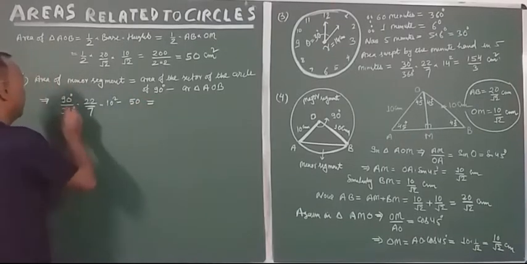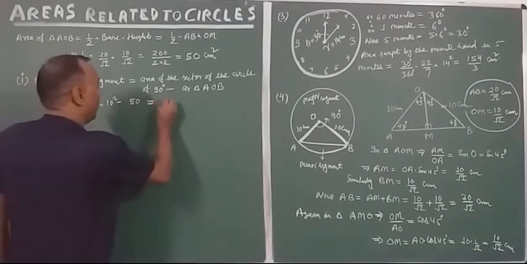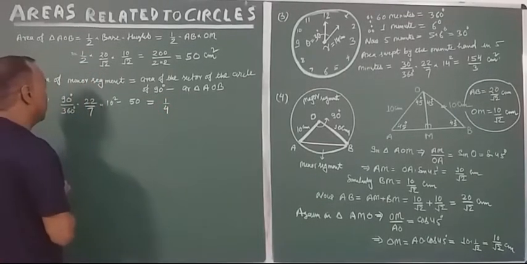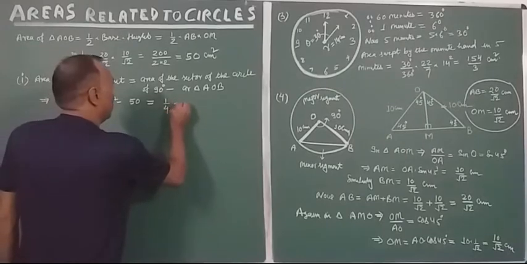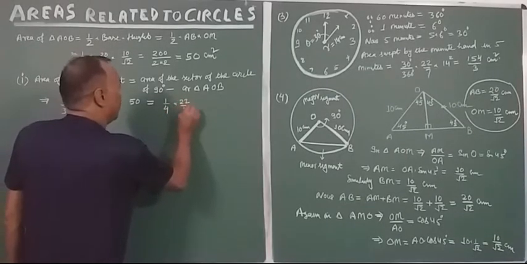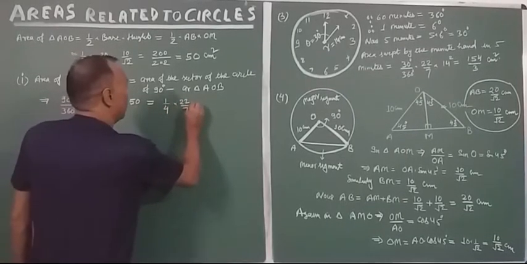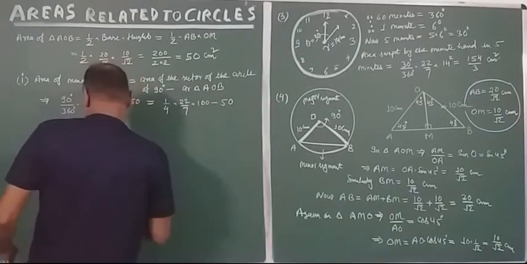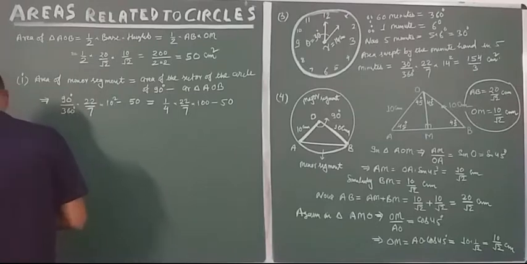Now solve it. 90 upon 360 into pi times 100 minus 50.